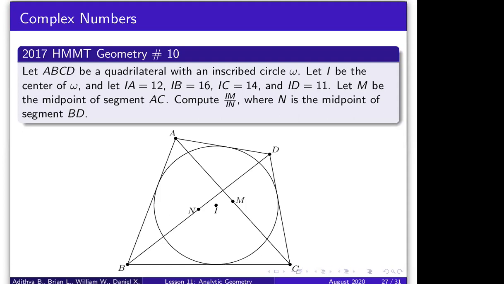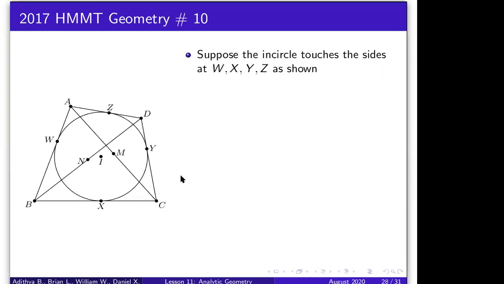So let's get started. Suppose the incircle touches the sides at W, X, Y, Z as shown. We would like to be able to set the incircle to the unit circle because then the complex numbers W, X, Y, Z behave nicely.